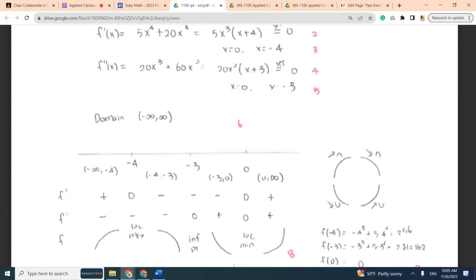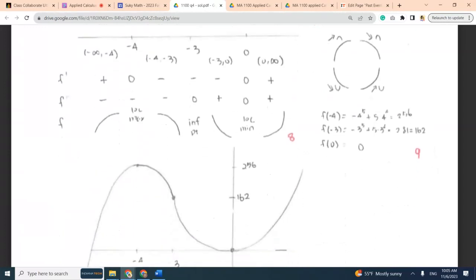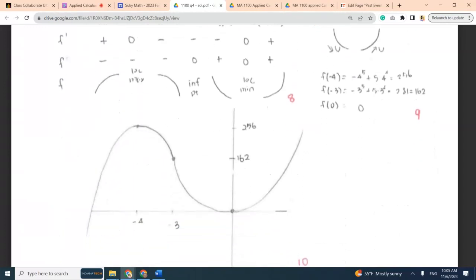Okay? And remember, what do you want to draw for f? Well, it's a curve. You cut it into 4 pieces, right? And you get increasing concave down, decreasing concave down, decreasing concave up, and increasing concave up. Right, everybody? And then you plot those important points and you draw them on the graph.